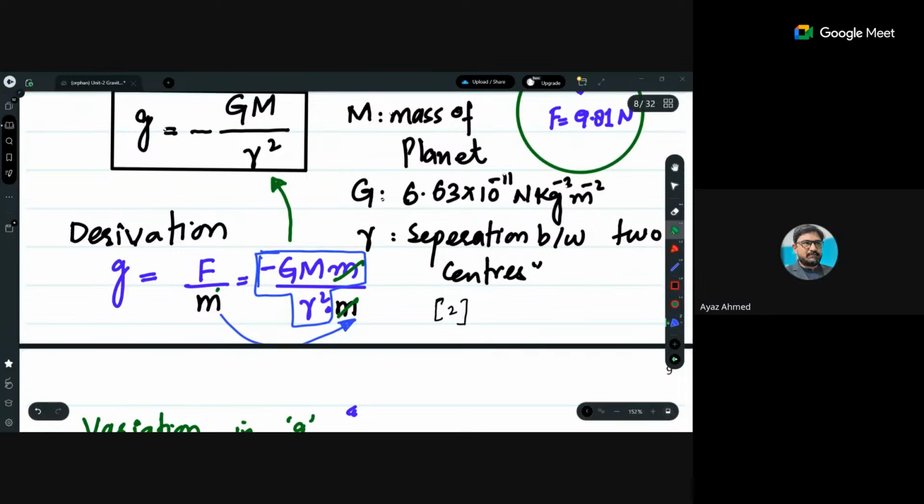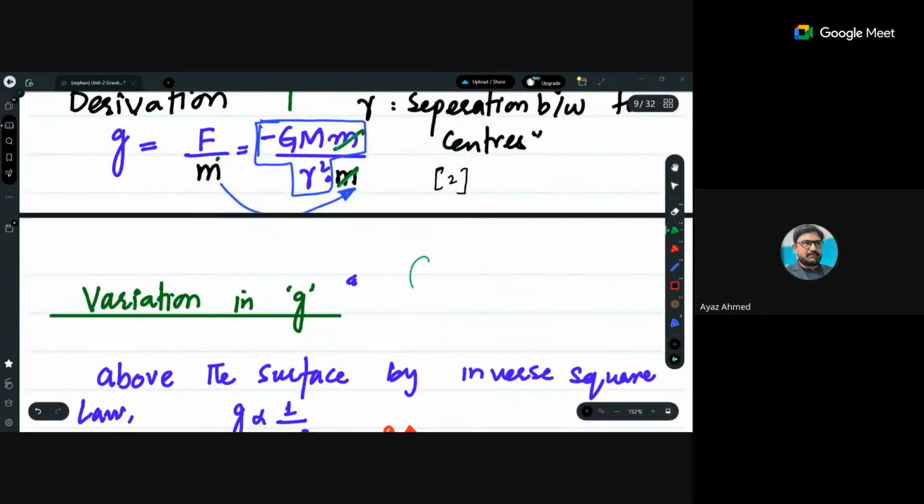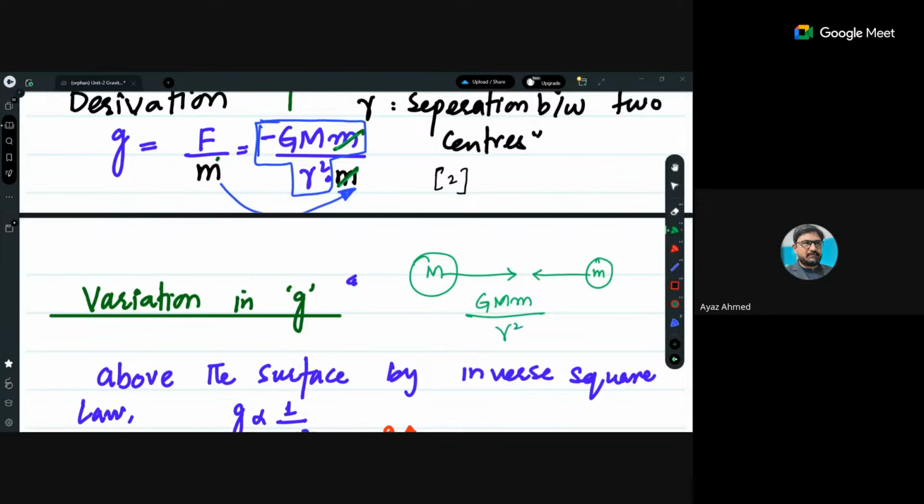After cancellation, mass and mass will be gone, and you will get GM divided by r square. Here, how do we know that it is the small m? By the law of gravitation, if this is capital M and this is small m, then the force between these two masses will be GMm divided by r square. This is the gravitational force, right? And if this force is acting upon this mass, then I will put small m here, and that is why it would be cancelled out.